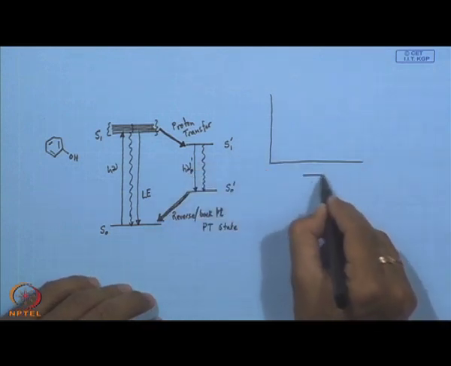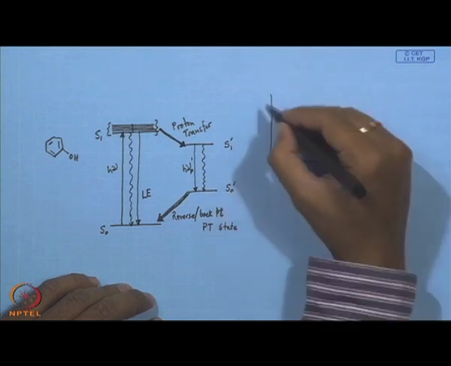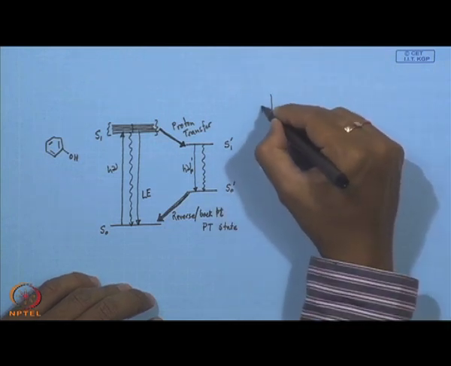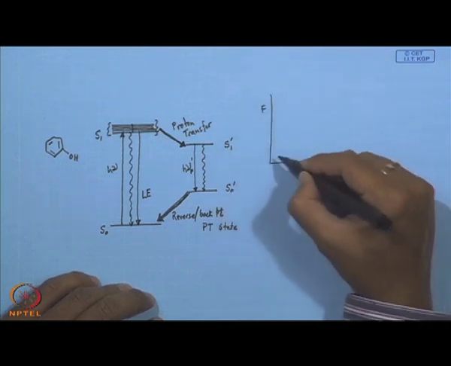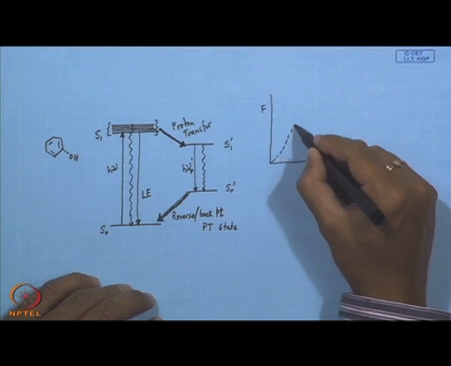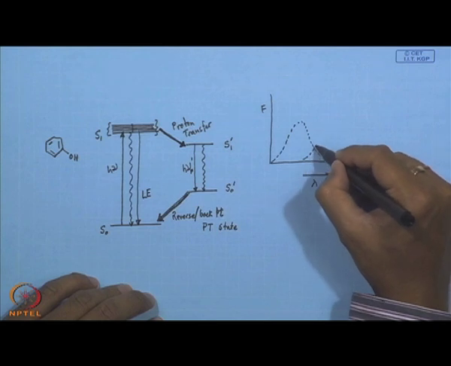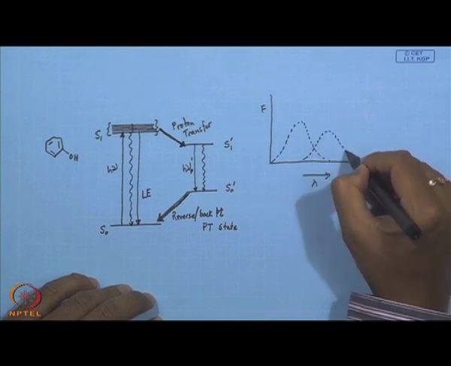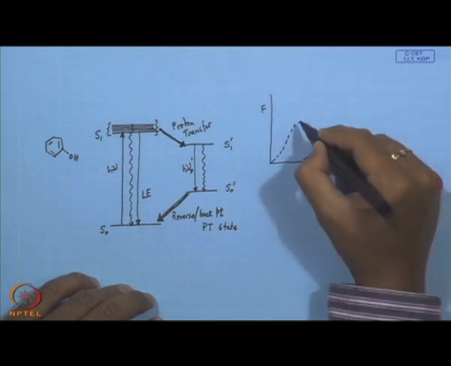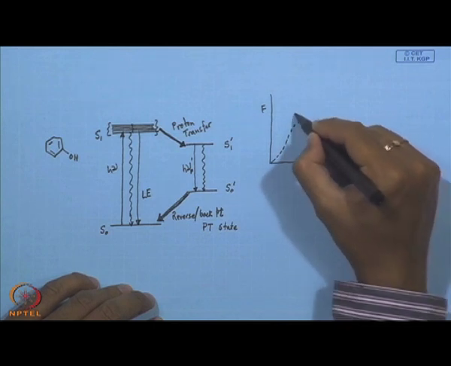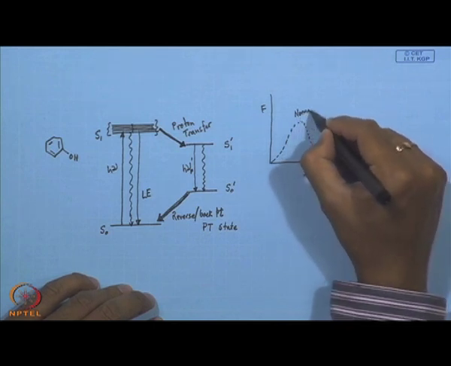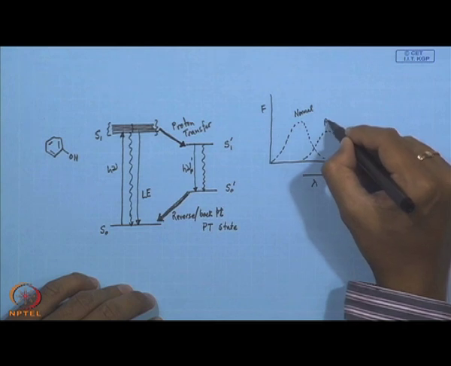Here lambda is increasing and this is the fluorescence intensity. You can expect a normal emission and a shifted emission. So, this is your normal form, and this is your proton transferred form.